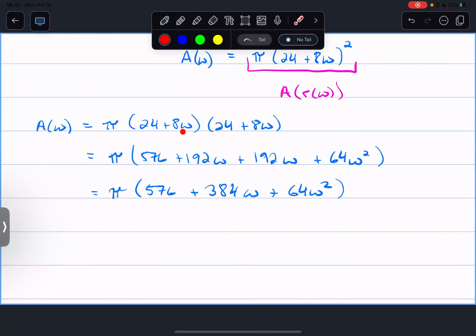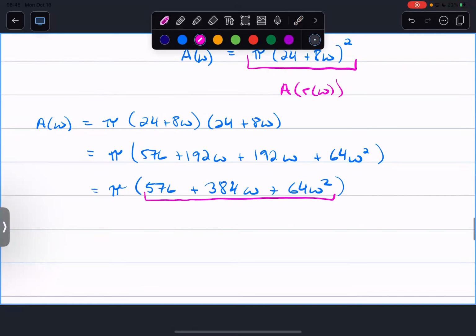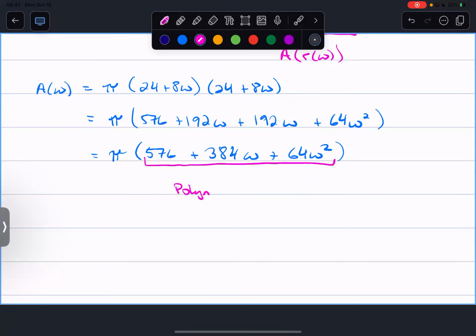Emily, you can't be serious. We just finished lines and now you're expecting me to do this? No, I'm not. But it's illustrating what? It's illustrating how we get polynomials and why we would need polynomials, because this is a polynomial. A polynomial is a bunch of power functions linked together by addition or subtraction, right?